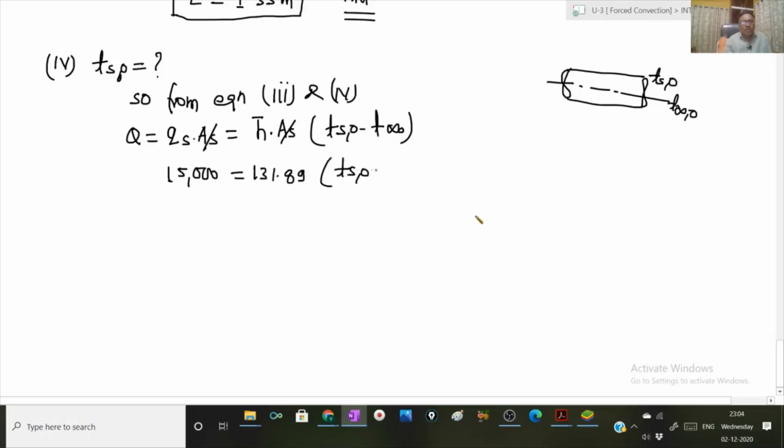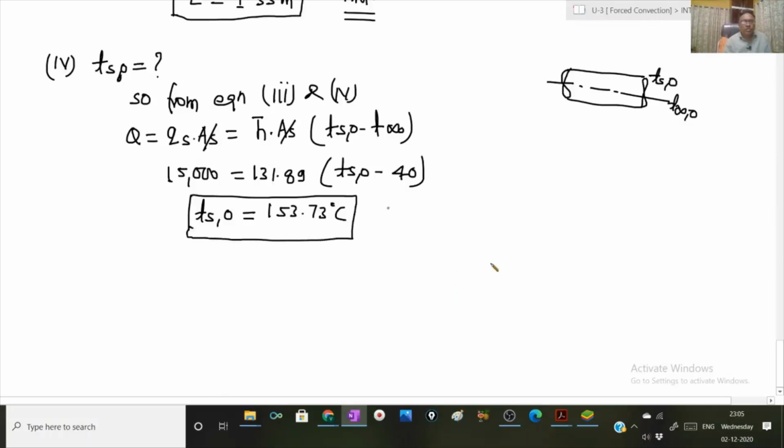TSO is to be calculated, and T infinity O is 40. So from here the value of the surface temperature of the tube at the outlet comes out to be 153.73 degrees Celsius. This is answer number 4.